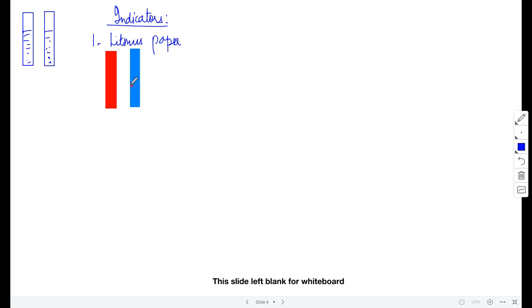Okay. Now, basically, we have two kinds of litmus paper, one red and one blue. These are just normal paper strips. Now, for the litmus paper test, when we have an acid solution, my litmus paper will be red.